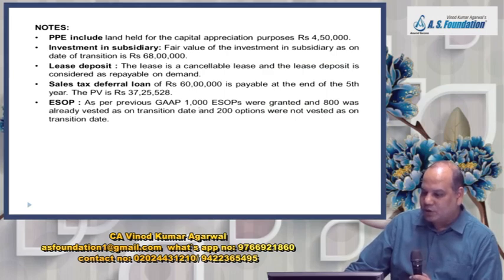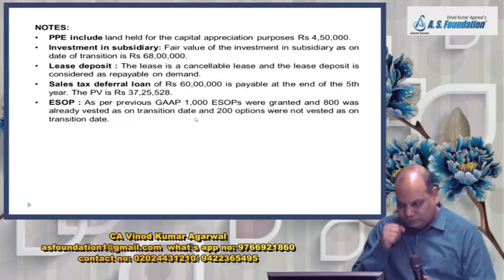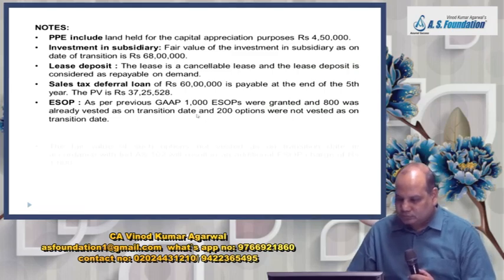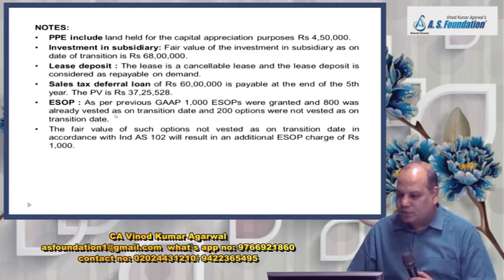ESOP. As per previous GAAP, 1,000 ESOPs were granted and 800 was already vested on the transition date. And 200 options were not vested on transition date. Those which have been vested, don't do anything. But those which are pending, we have to do the adjustment.